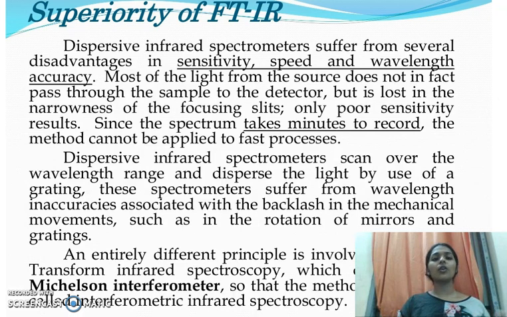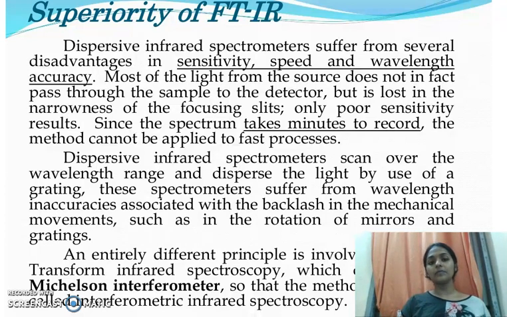Now the superiority of FTIR. You can compare FTIR with various other dispersive infrared spectrometers, but they suffer from several disadvantages, for example in terms of sensitivity, speed and wavelength accuracy. Most of the light from the source does not in fact pass through the sample to the detector, but is lost in the narrowness of the focusing slits in certain dispersive infrared spectrometers.